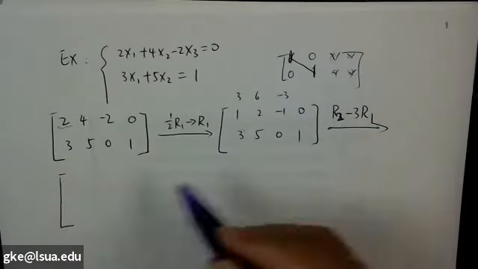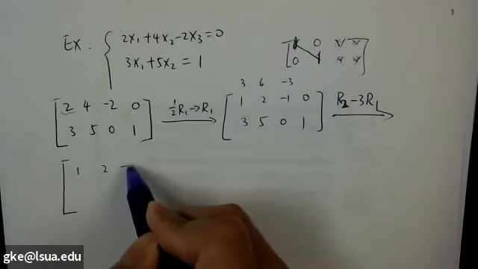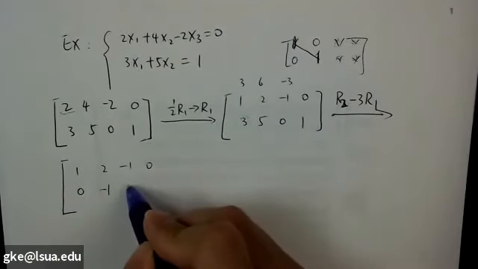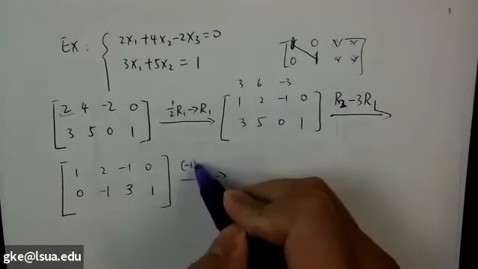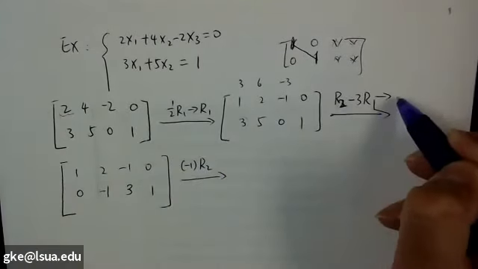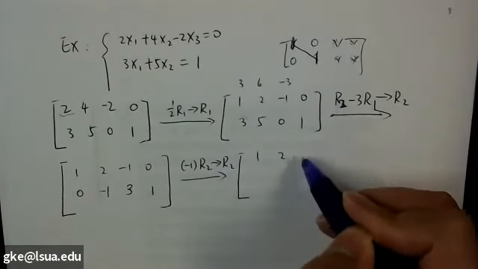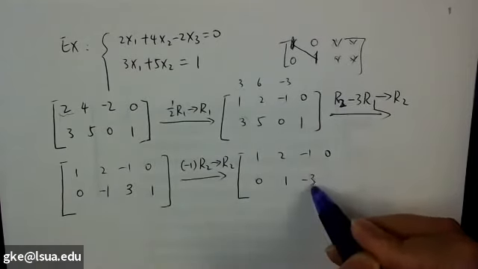And this boils down to 3 minus 3 is 0, negative 1, 3, and 1. Right? And of course, we want to keep the diagonal element as positive 1. So we have times negative for the R2. Negative 1, negative 3, negative 1.